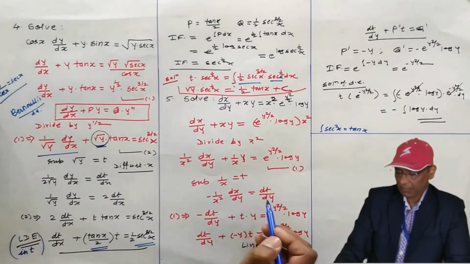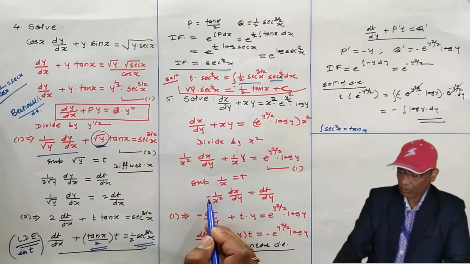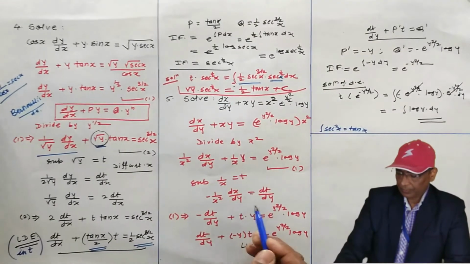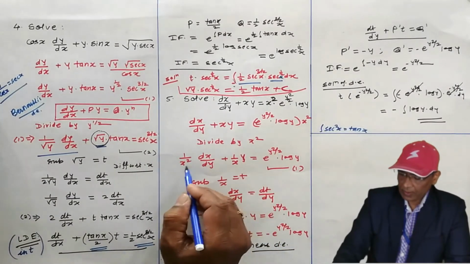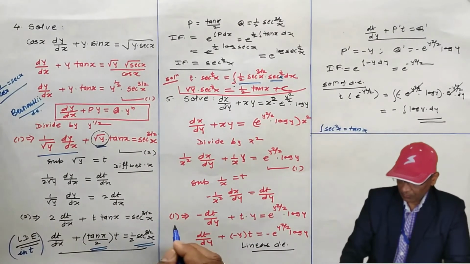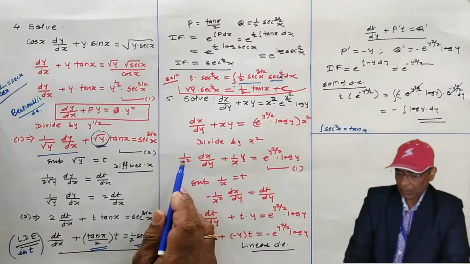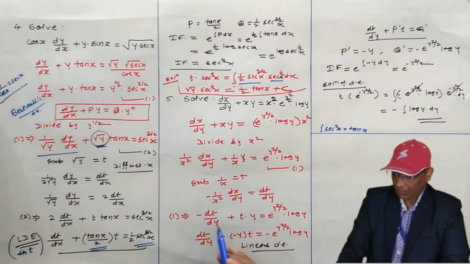Derivative of t is dt by dy. Minus sign you can shift on the right hand side. So equation 1 becomes: 1 by x square dx by dy is minus dt by dy.